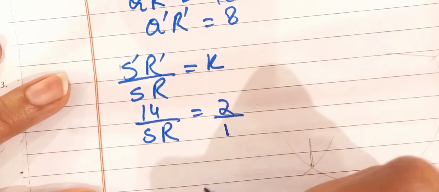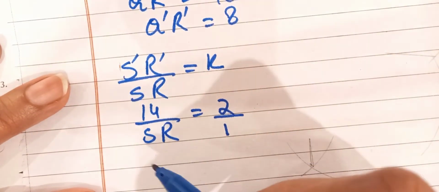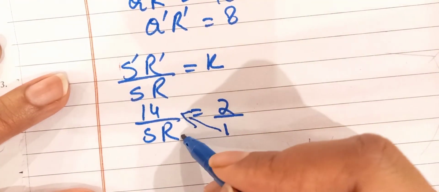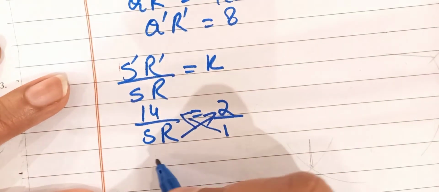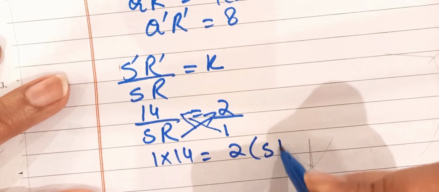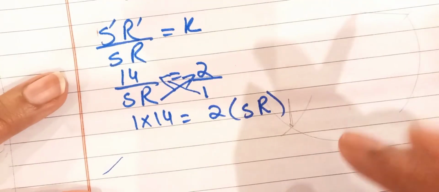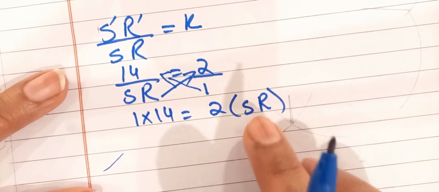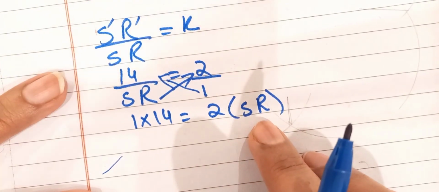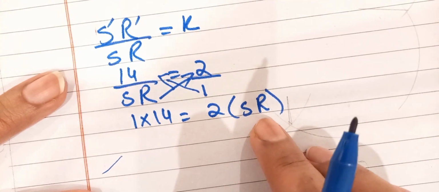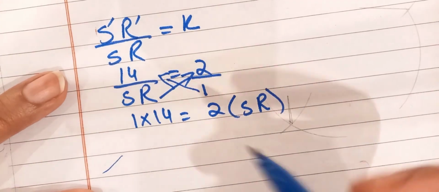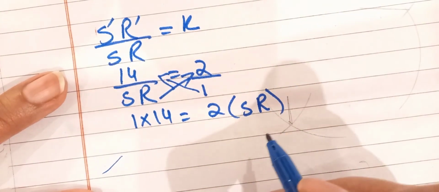Now in this scenario, when there is only one fraction on the LHS and only one fraction on the RHS, we cross multiply. 1 multiplied by 14 and 2 multiplied by SR. So I have to find out the value of SR. Preferably we bring the unknown to the LHS. It becomes easier. So I am going to swap this equation.